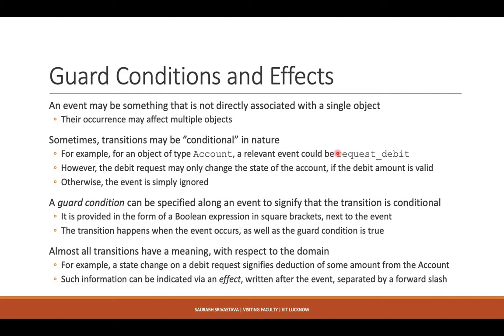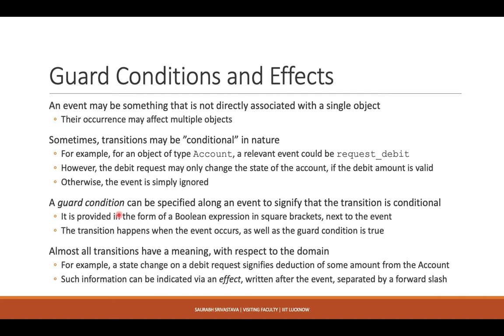And again, these reasons come from the domain. You are not the one who decides upon it. It is the domain which enforces these things, that for a particular event you must check that this condition is true, and only then should the object change its state. To represent such a scenario, you can use what is known as a guard condition. A guard condition can be specified over a transition, right after the event, in square brackets.